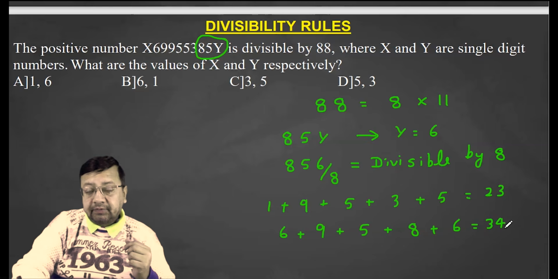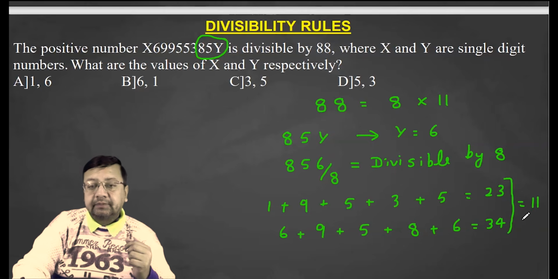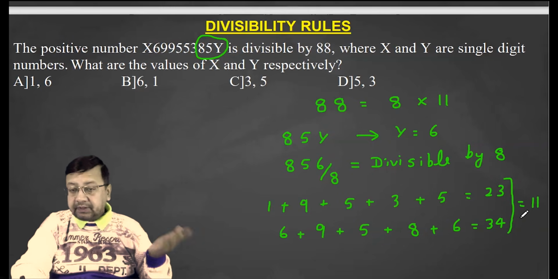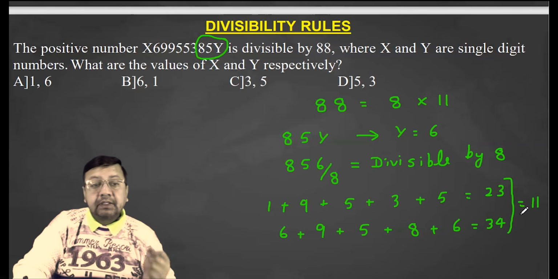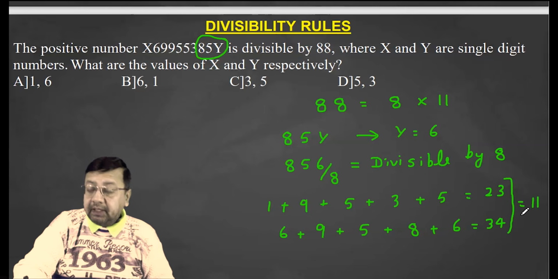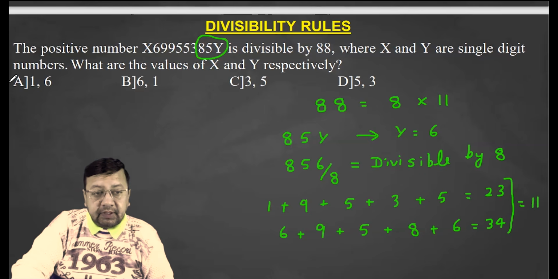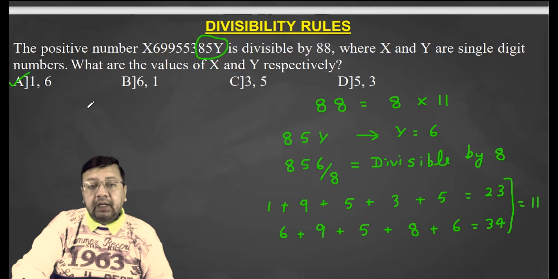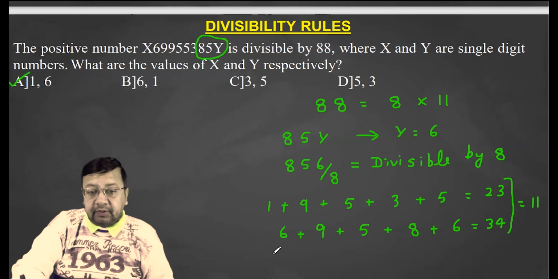And now check the difference. When you check, the difference is coming out to be 11, right? So if the difference is 11, this number is perfectly divisible by 11 also. So I can safely mark my option, that is option 1. So my x is coming out to be 1 and y is coming out to be 6.